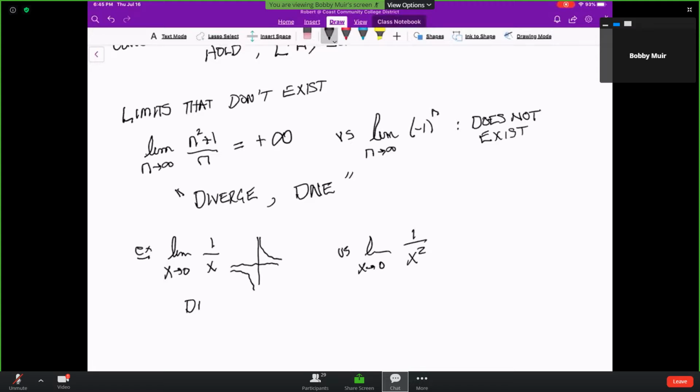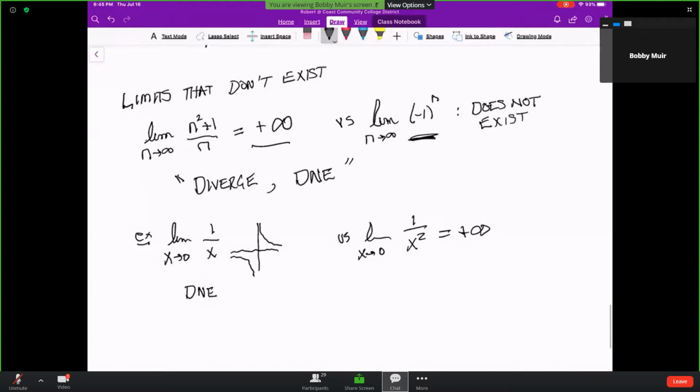So I said, okay, this limit doesn't exist. But this limit here, at least there's something to point at, okay? So what I want you to take away from this is that there are two flavors of diverging. There's this flavor, which is just kind of like nonsense, you know, snozberry punch, versus over here, where at least you can point to something, okay? All right, so that's the difference.